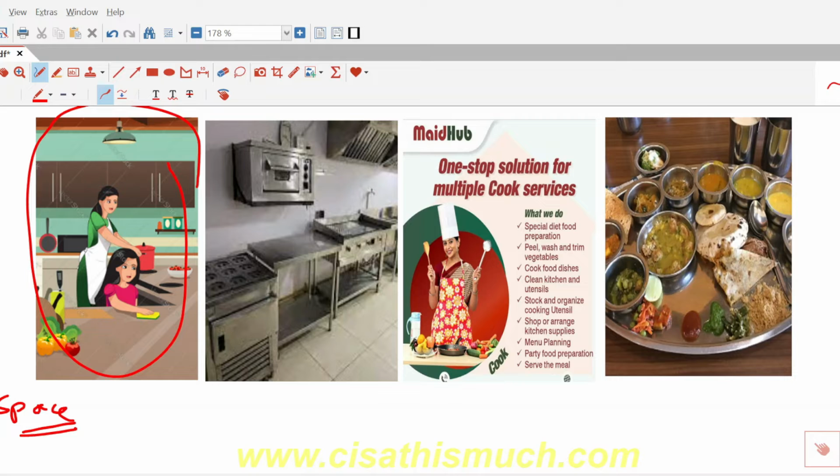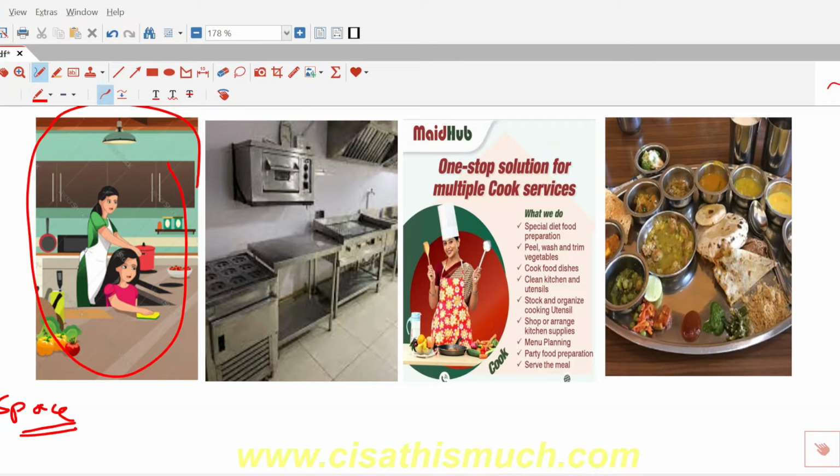When you are making the food, you require the gas, right? You require maybe the LPG pipeline or the cylinder gas, whatever. So who is responsible for that? Again, the responsible person would be, yes, you guessed it right, the family itself, correct? There is no question about it.